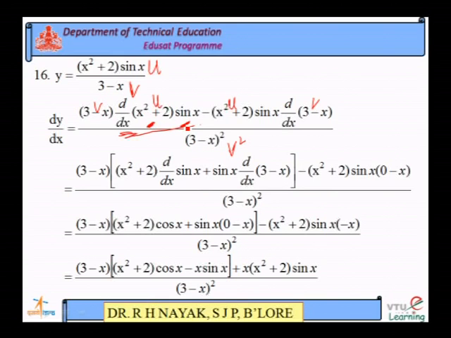x square plus 2 into d by dx of sin x, this is according to product rule, u into d by dx of v plus sin x into differentiation of this. We have to write x square plus 2, x square plus 2.